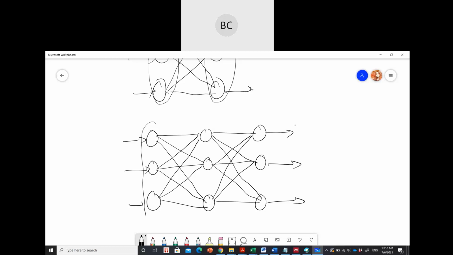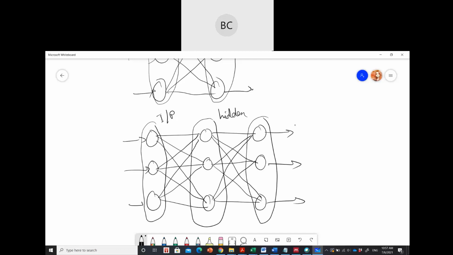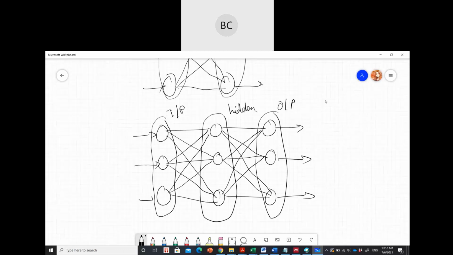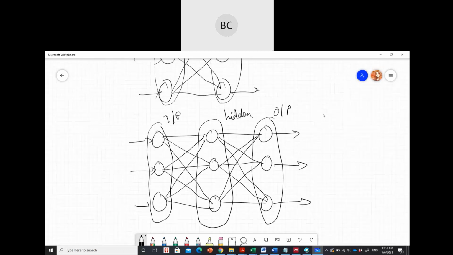So this is your input layer, this is your hidden layer, and this is your output layer. Got the difference between single layer and multiple layer?